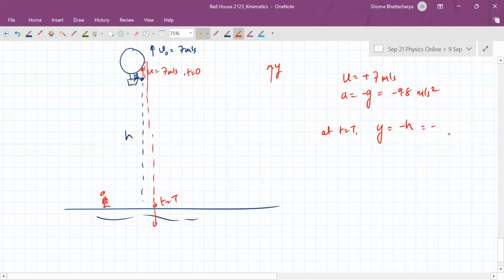So that is minus of, how much was the height given? 60. So from this you can see that y is equal to 7t minus 4.9 t square. So minus 60 should be equal to 7t minus 4.9 t square.